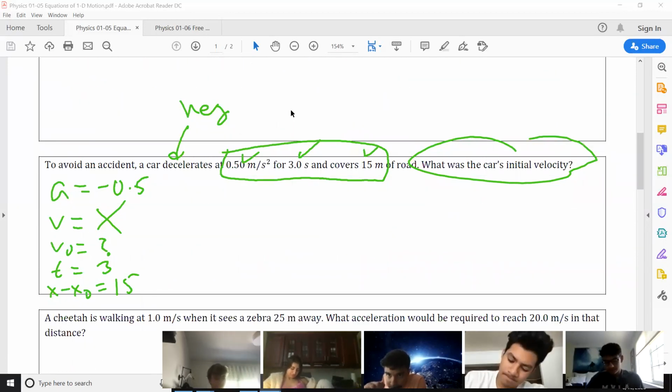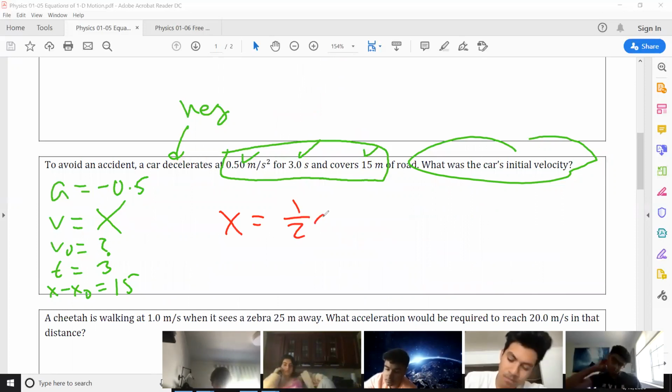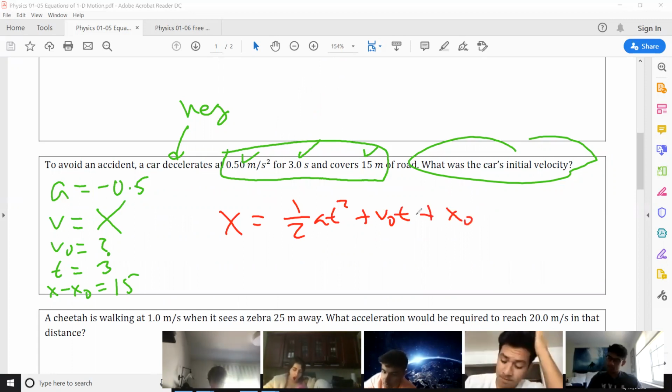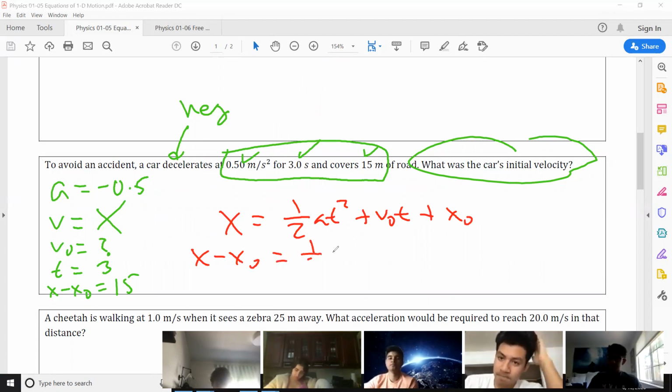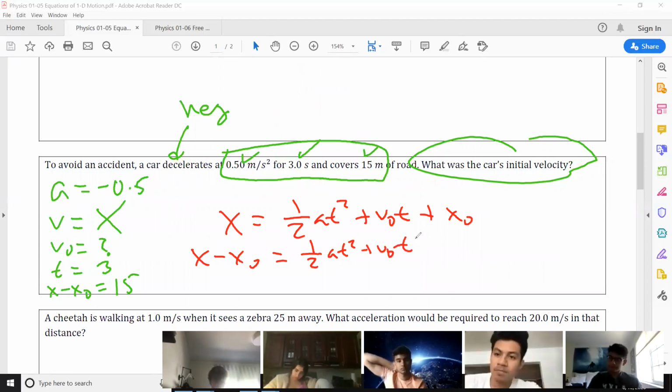I'm going to write it out, and I'm going to just plug away. It's really the plus x0 on this side, so let me bring it over to the other side so they're together.